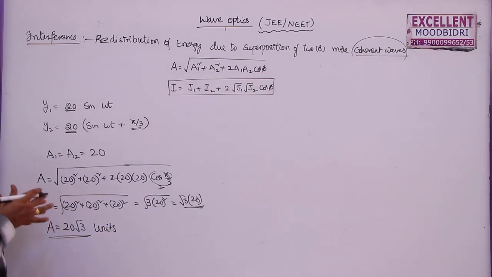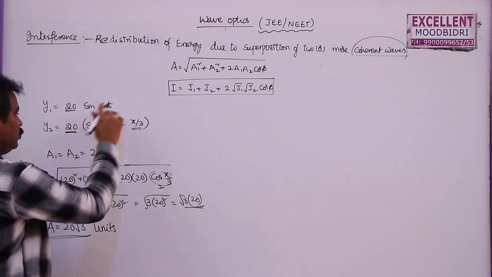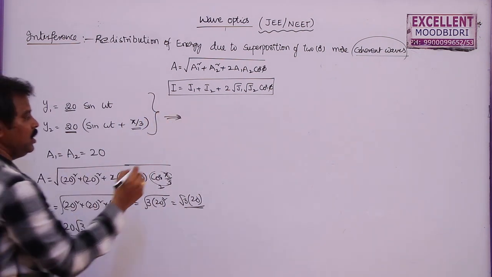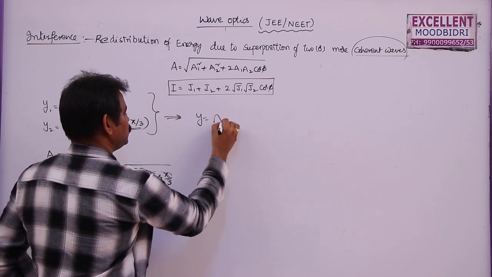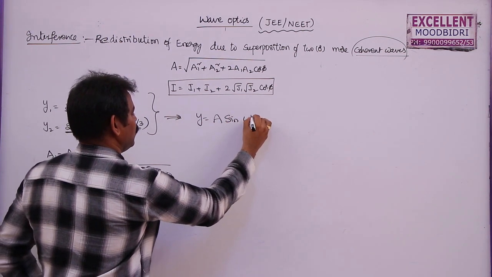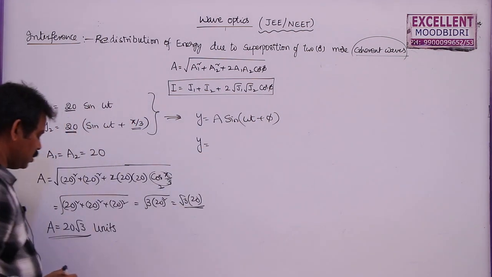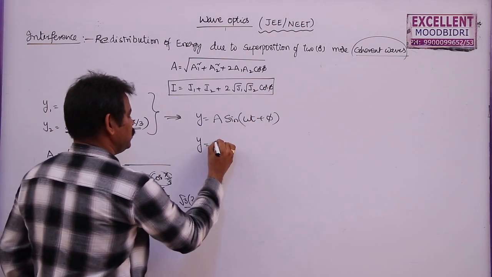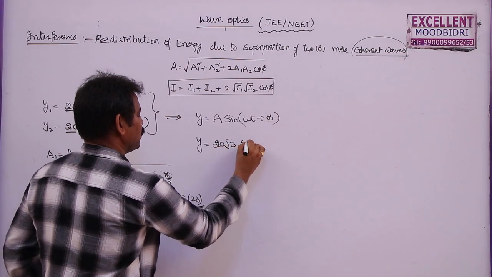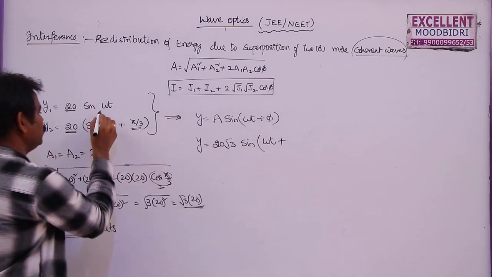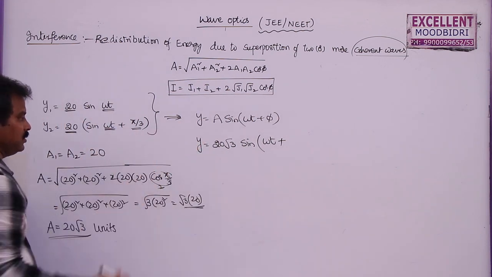Now what is the equation of this wave? When these two superimpose, we will get a resultant wave whose equation is y is equal to a sine (omega t plus phi). So y is equal to the resultant amplitude 20 root 3 sine omega t as it is, because in both equations we have omega t that remains as it is.